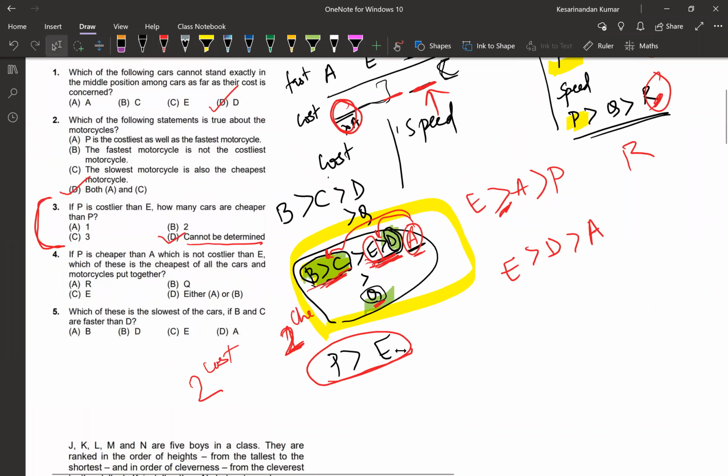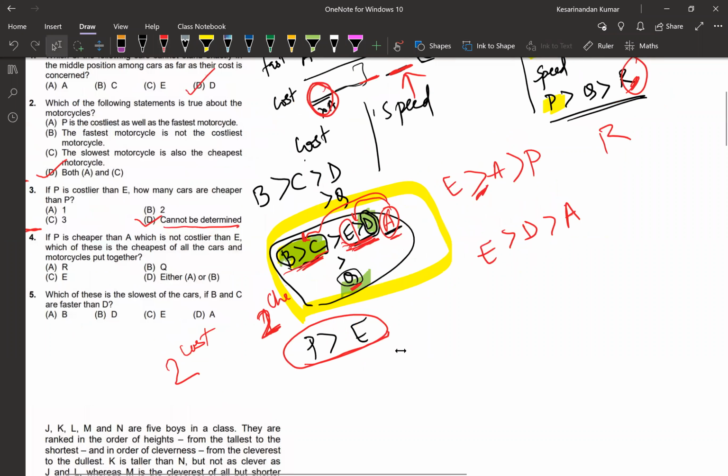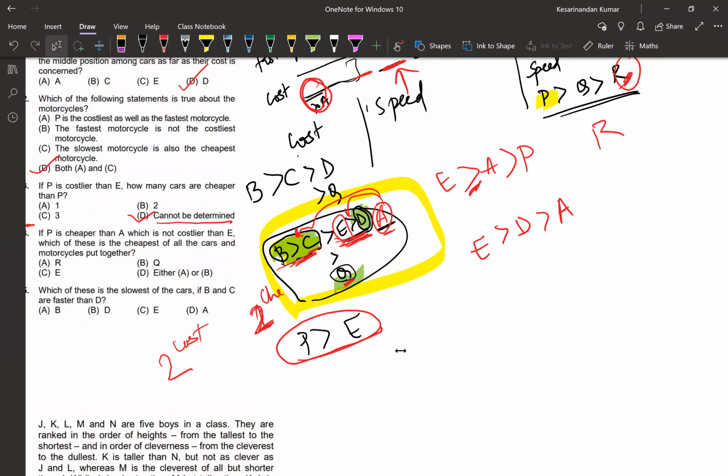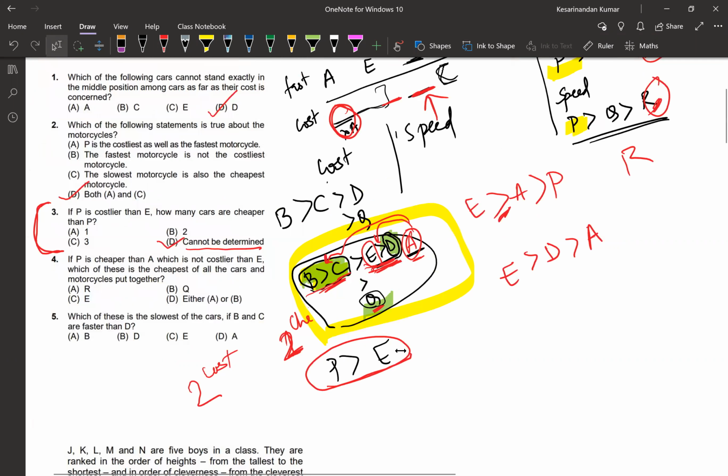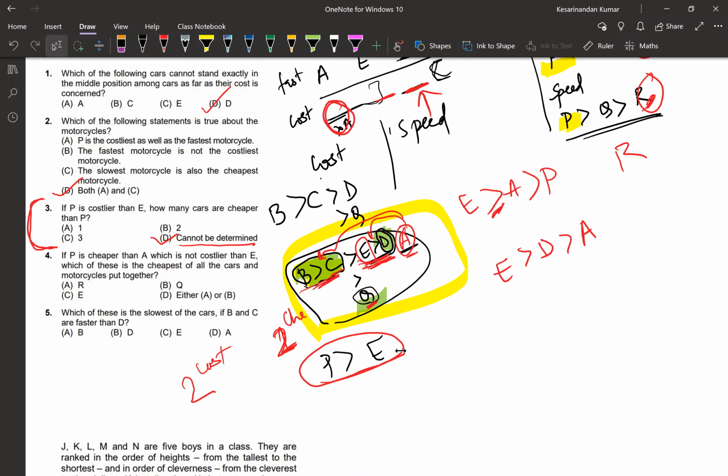I hope everybody can make sense. Yes. Others? Asvik, is it clear? Not exactly, Kesari. Which point is not clear?